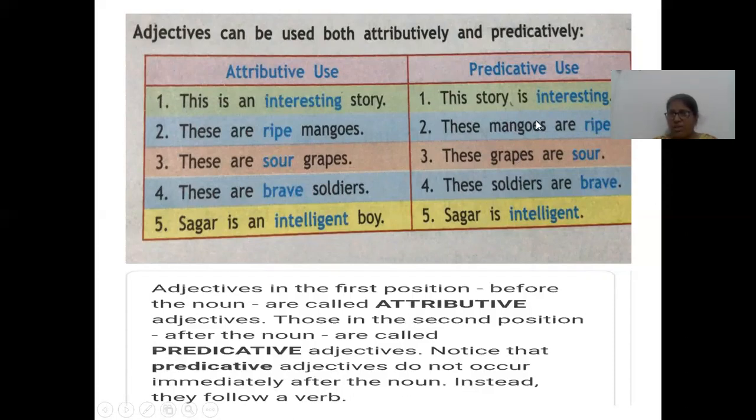And after these nouns, we can see there is a verb, is, are, is. And after these verbs, again there is a word that is an adjective, which is describing the noun in the sentence. Interesting, ripe, brave, intelligent, and so on. So this way, if it is with a verb, then it is of predicative use. If it is before a noun, it is of attributive use.